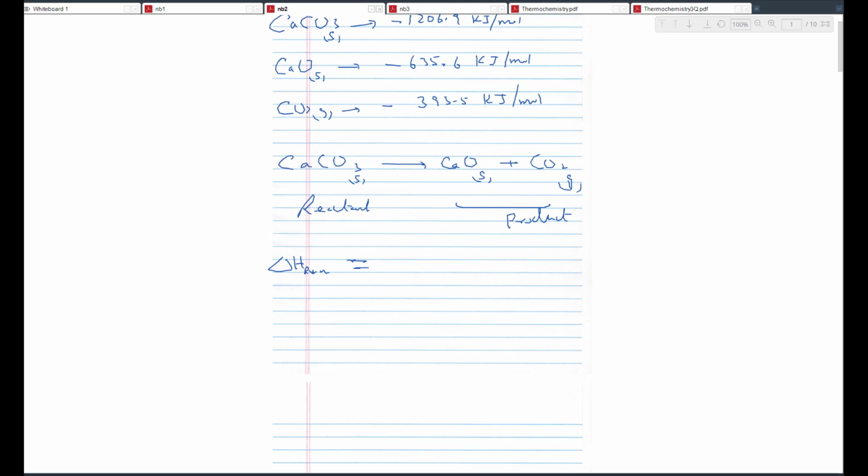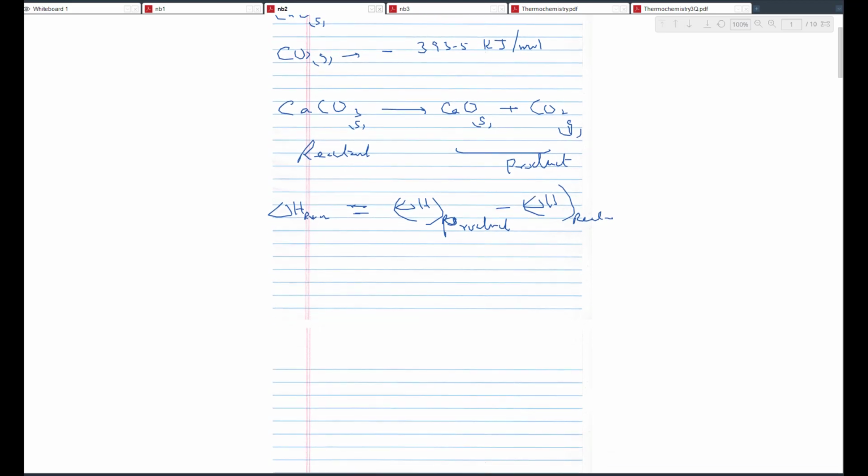So I can write delta H of products minus delta H of reactants. Now let's put in the products: delta H of CaO plus delta H of CO2, and minus delta H of the reactant, which is calcium carbonate.